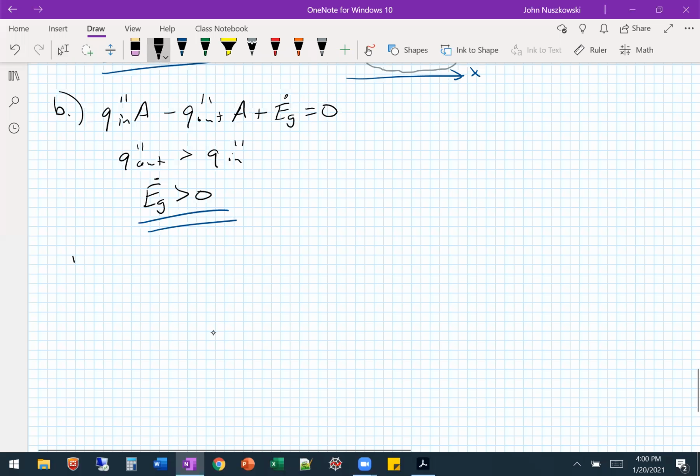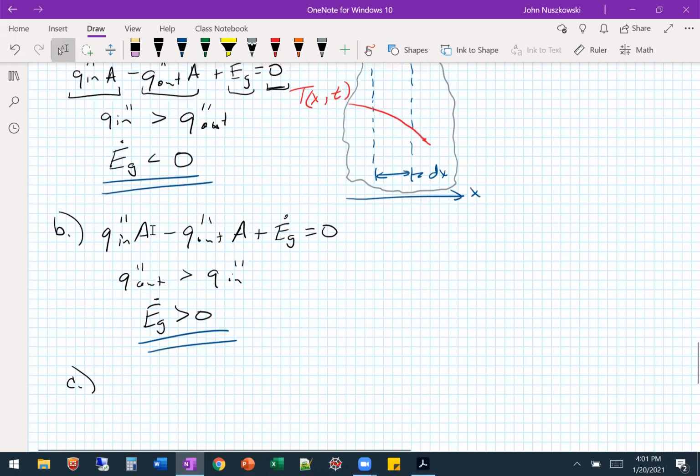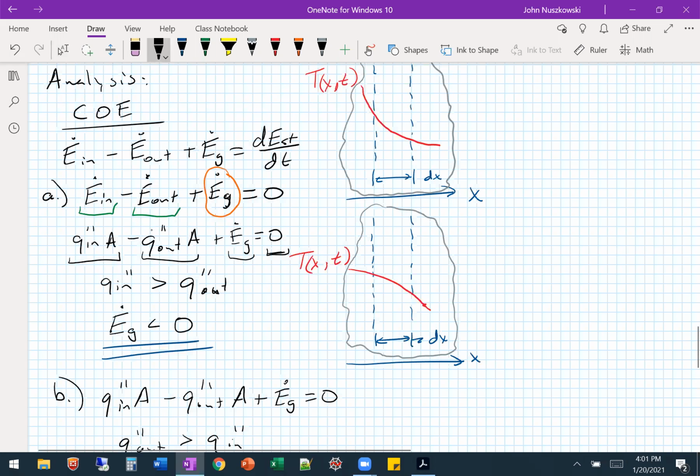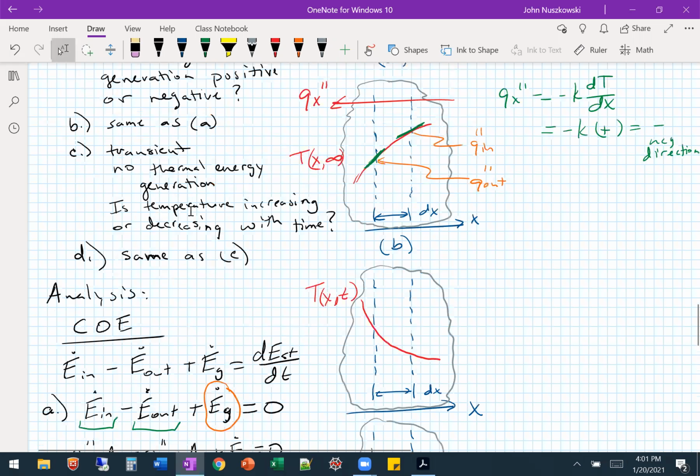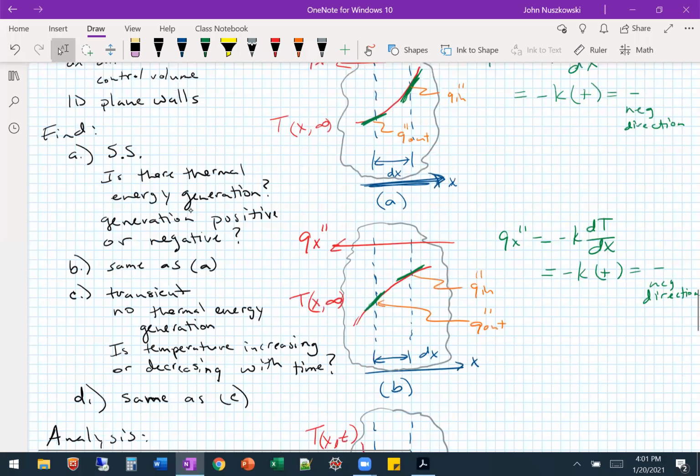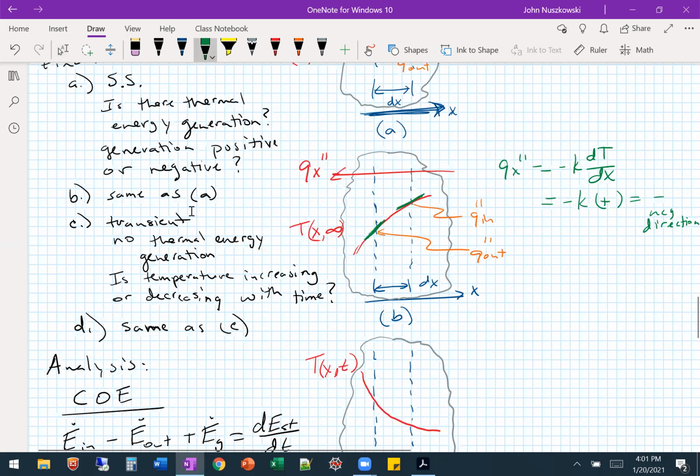All right, part C. So if we go back to our COE, part C is transient with no thermal energy generation. Transient means the temperature inside the control volume is increasing or decreasing with time, okay?